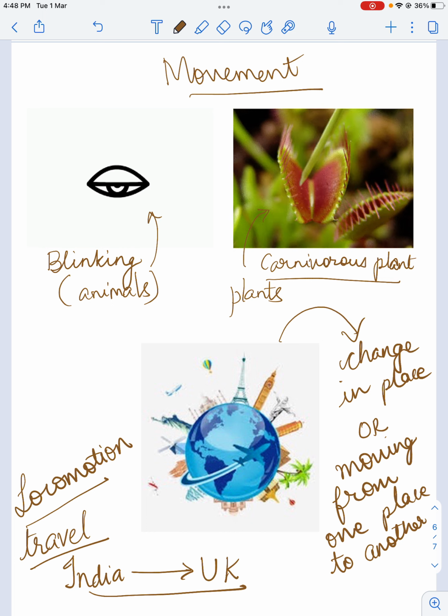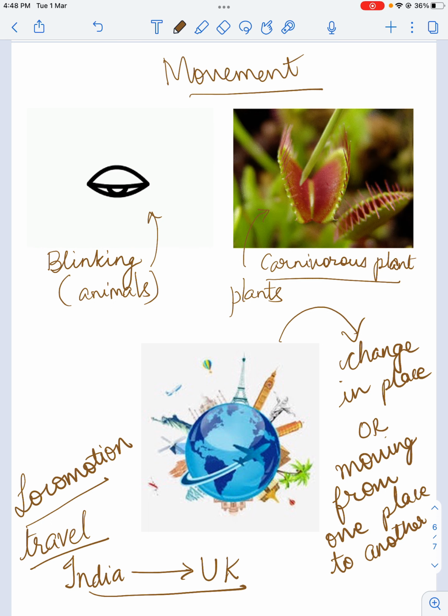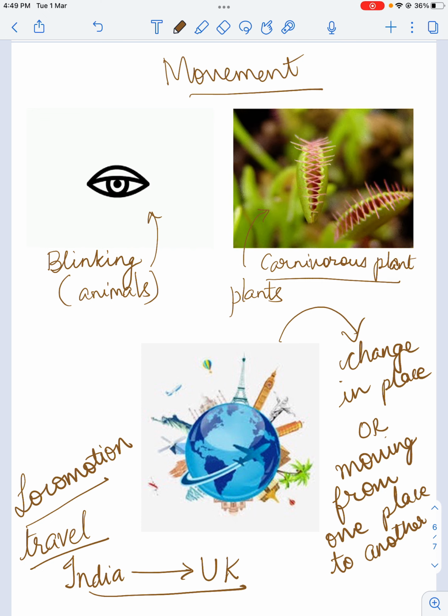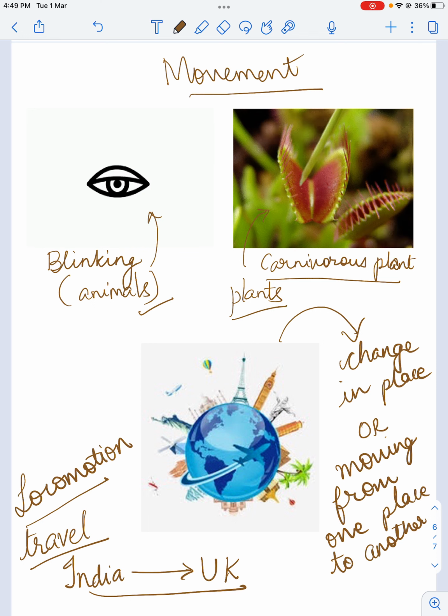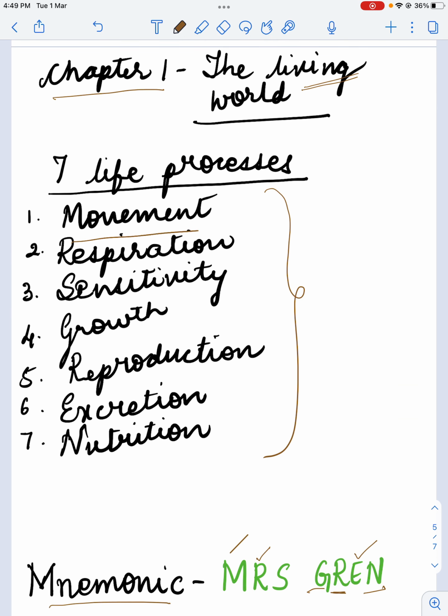Locomotion is moving from one place to another, whereas movement can be defined as small displacements of parts of the body. It can be parts of an animal body or parts of a plant body as well. So this summarizes the first life process, that is movement.